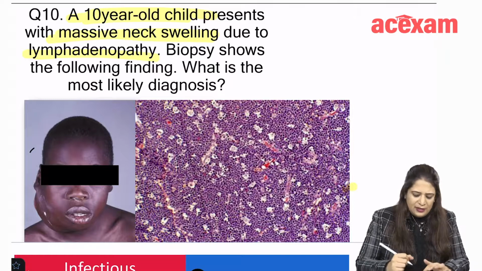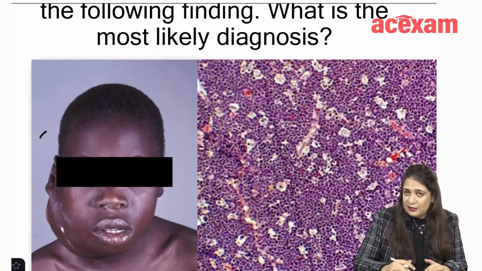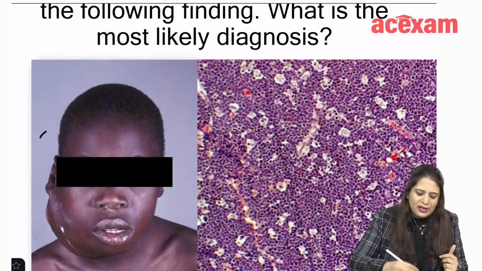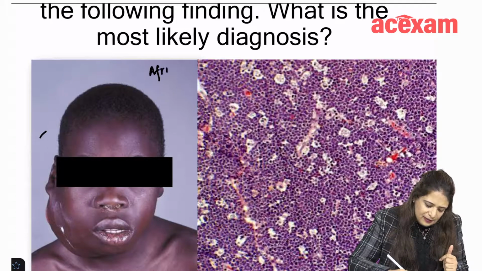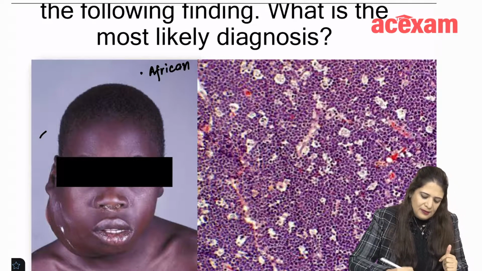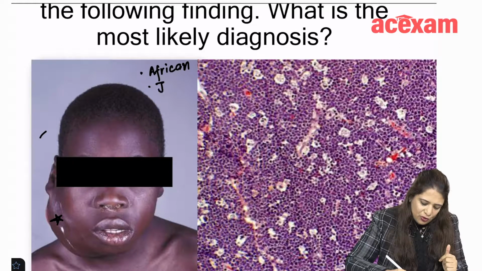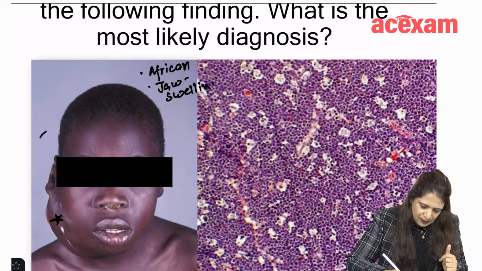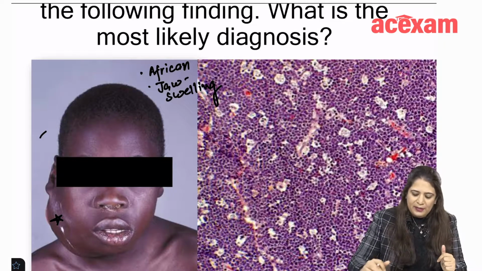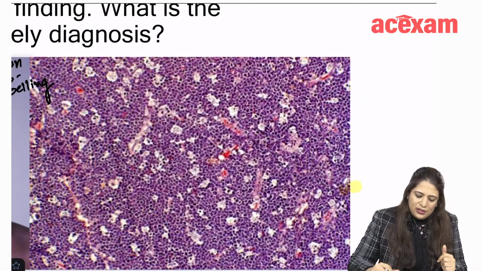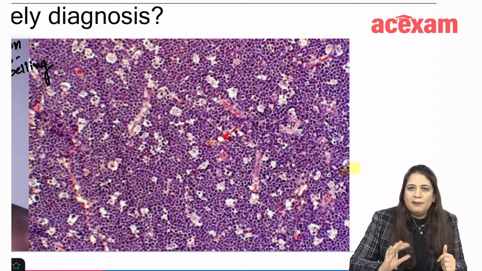What looks like to be the ethnicity of this child, if I may ask? This child could be of African descent, presenting with a massive jaw swelling, and the biopsy from his lymph node is showing this picture.